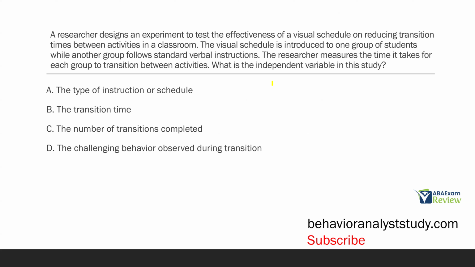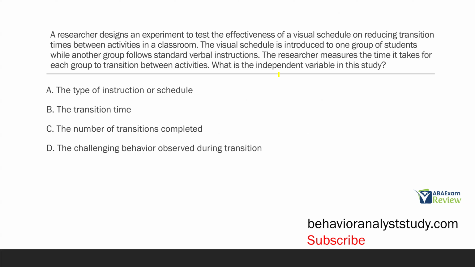So for research designs, you want to know what the independent variable is, dependent variable is, and then understand extraneous variables. Extraneous variables are all the other variables that we aren't necessarily controlling, but that we should try to control to prevent them from interfering with our research.